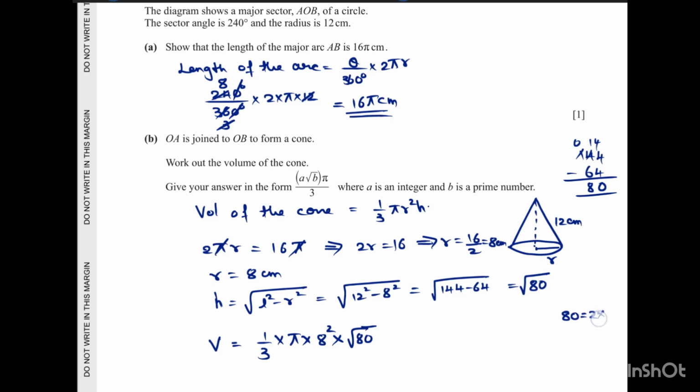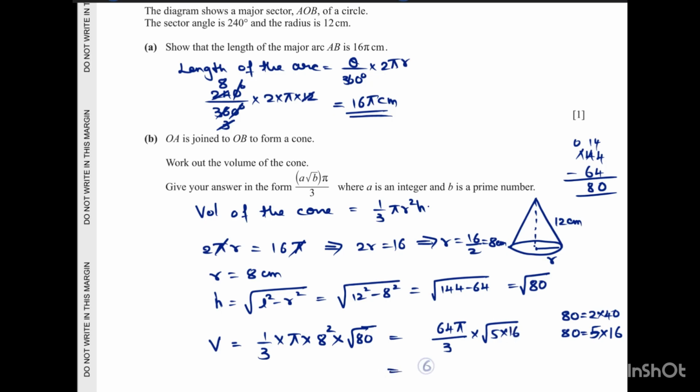So 2 into 40, 80 is equal to 3 into... no, 3 cannot be written. 4 is not a prime number. Let me write 5 into 16. Yeah, 5 into 16 is 80. If I take that, 64 pi, I am simplifying this, 8 8s are 64 and pi by 3 into root 5 into 16.